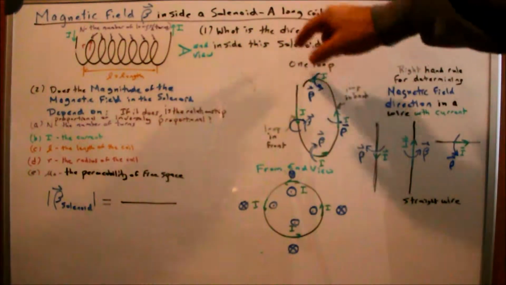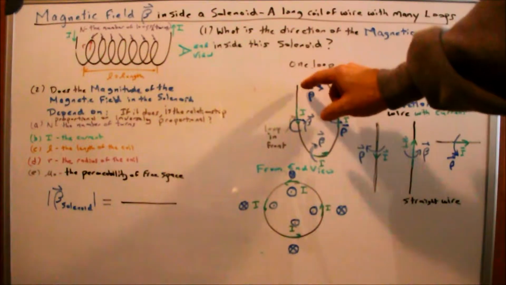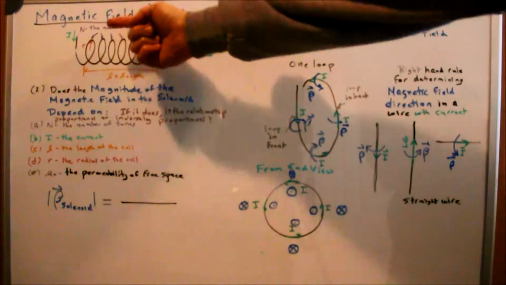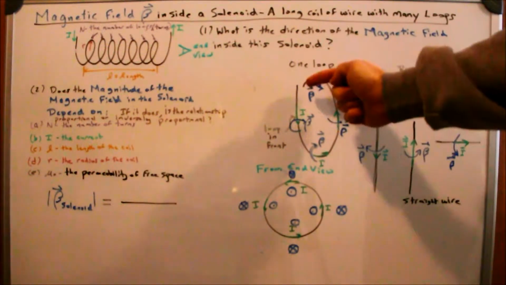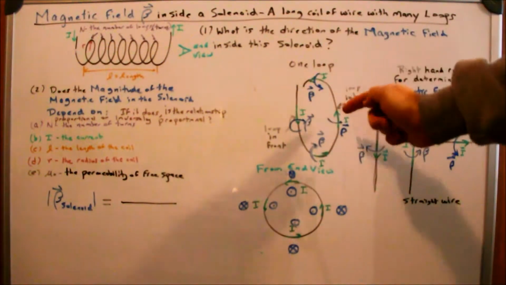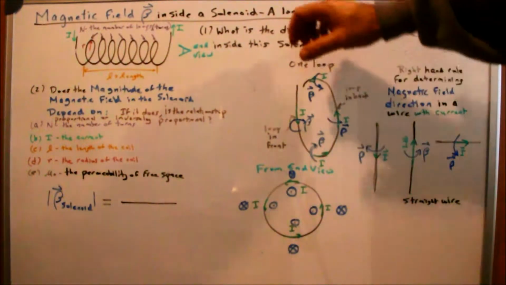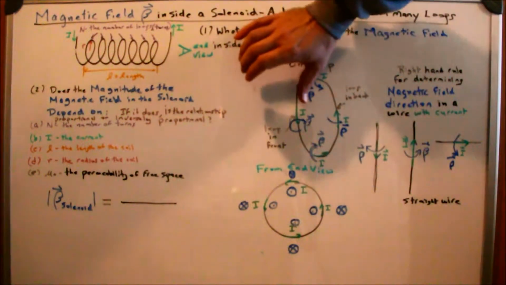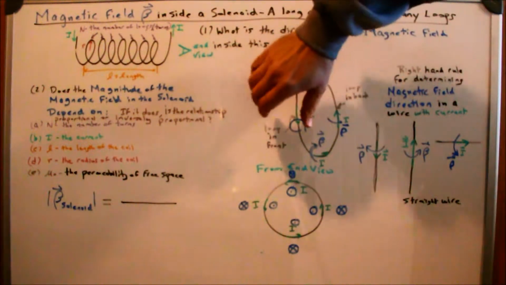Say the wire is coming around here, so it's coming in the front first. Let's say it wraps around the front and then goes back into the board. So this part is out of the board more, and this part is more in the back, behind the plane of the board. In front I have the current coming down, so I put my thumb in its direction and wrap around.